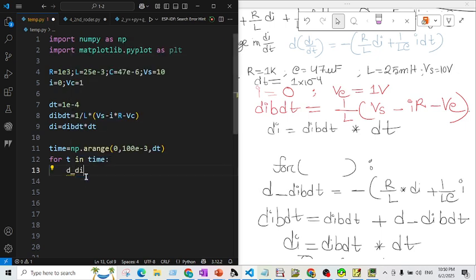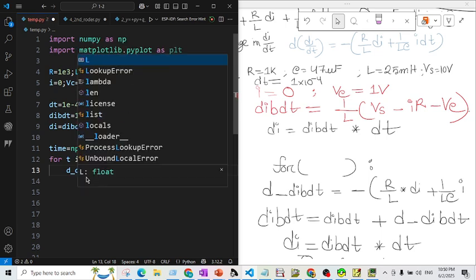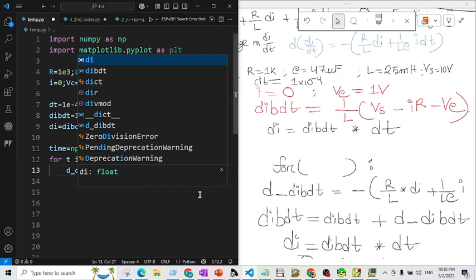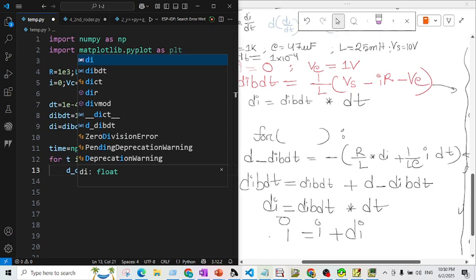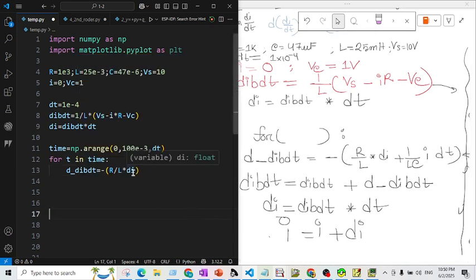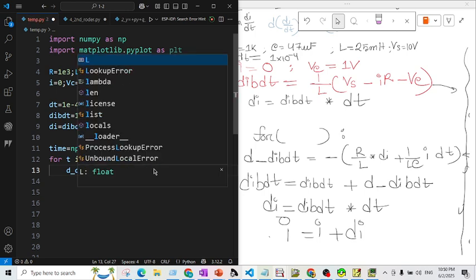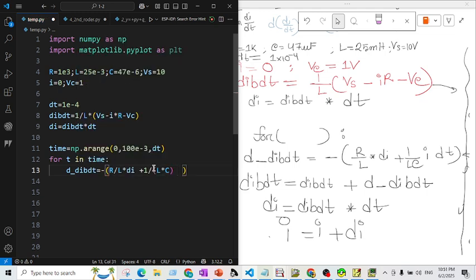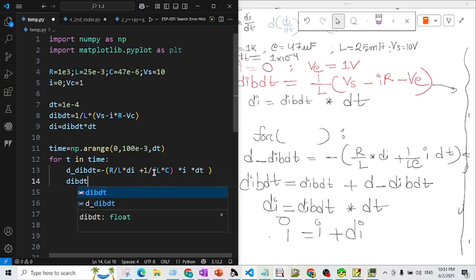So di by dt is equal to minus R divided by L into di, then 1 by L into C into I into dt, then di by dt is equal to di by dt plus di by dt.